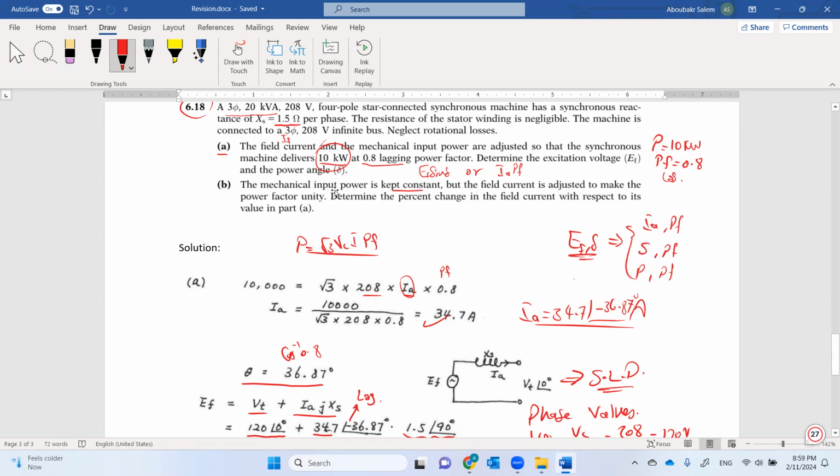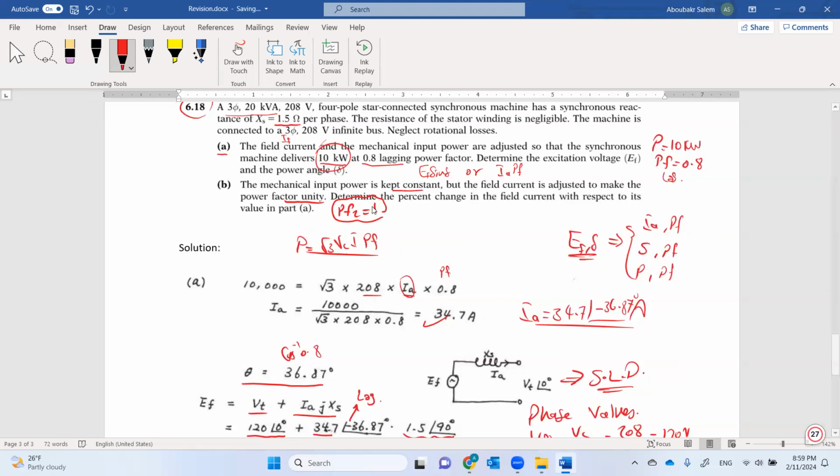So he mentioned again the mechanical power is kept constant, but the field current is adjusted. He adjusted the field current for a certain reason. What is that reason? He mentioned adjusted to make the power factor unity. So the second case now, we knew that power factor 2 equals 1, and power factor 1 is given as 0.8.